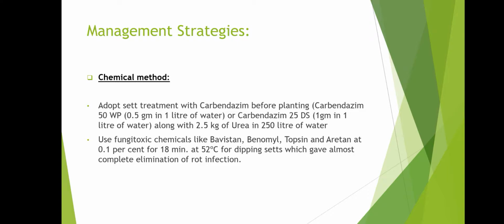Then we can use fungitoxic chemicals like bavistin, benomyl, topsin and aretan at 0.1% for 18 minutes at 52 degrees centigrade for dipping sets, which gave almost complete elimination of rot infection.